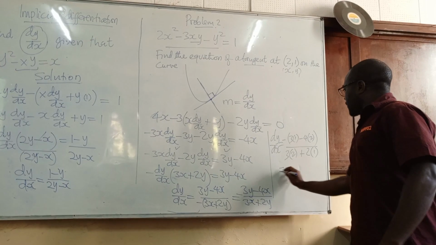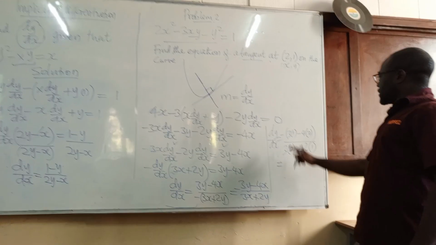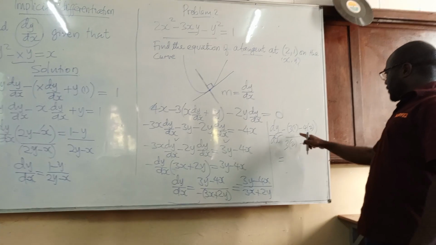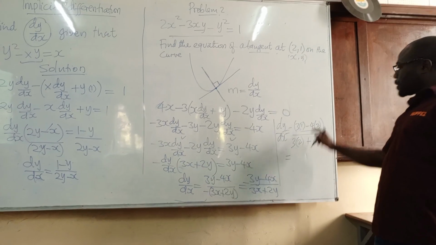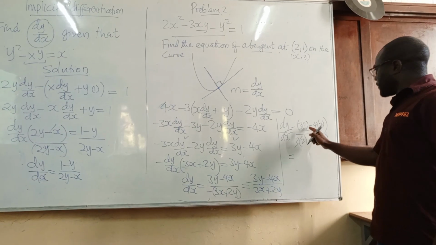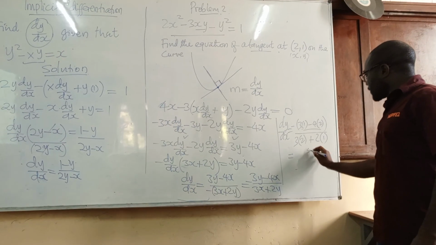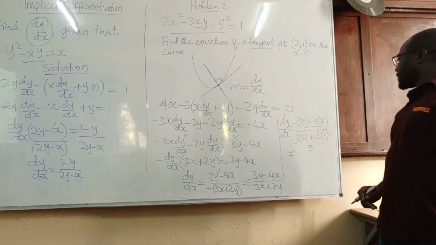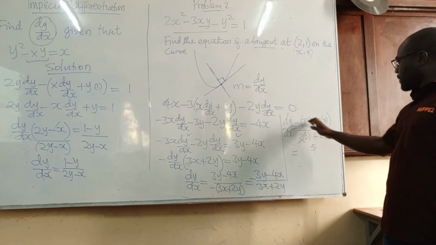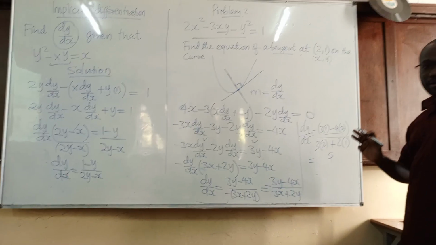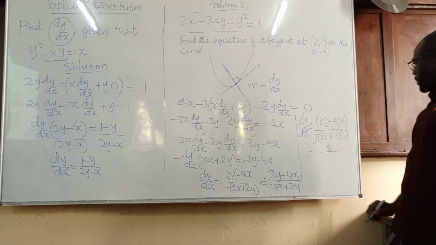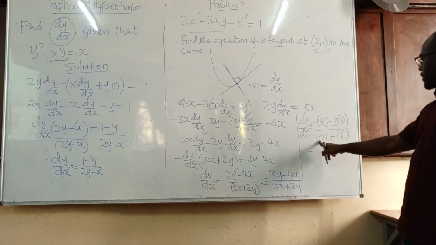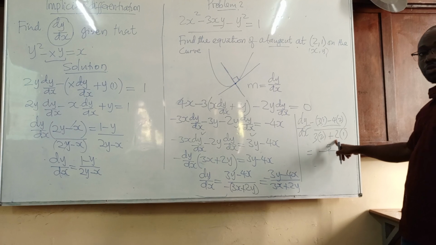And then simplify. This negative is multiplying everything, so we begin with what is inside. This is 3 minus 8. The answer is negative 5. Negative 5 times that, the answer is still that. Again, 3 minus 8, negative 5. Negative 5 times negative is positive. Then the denominator, we have 6 plus 2.